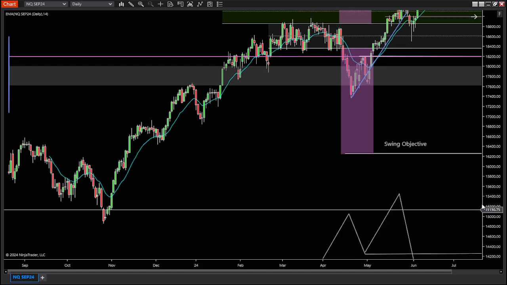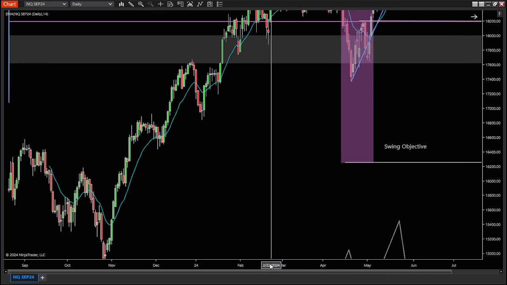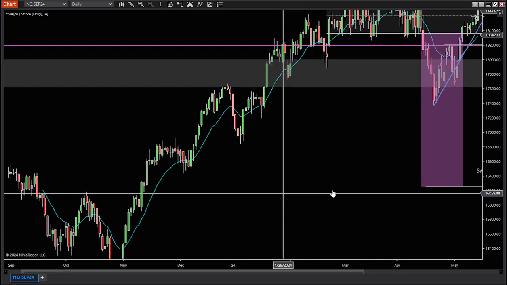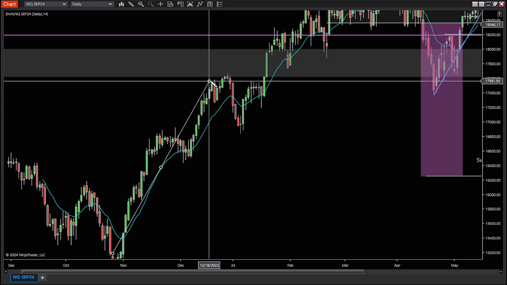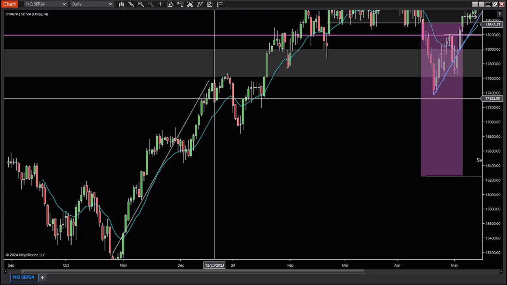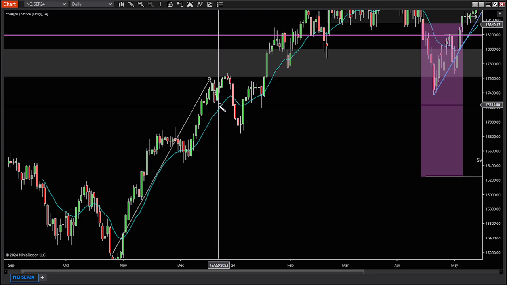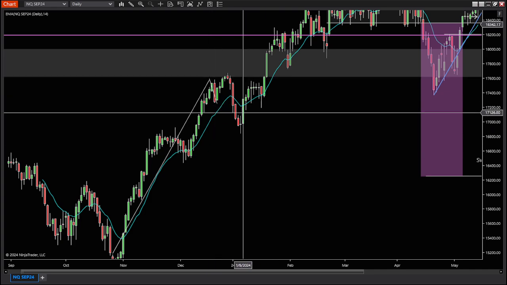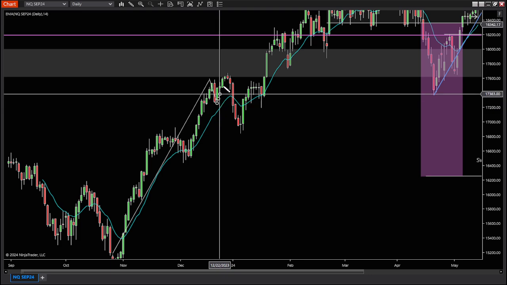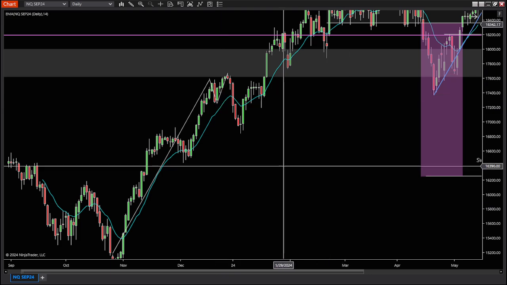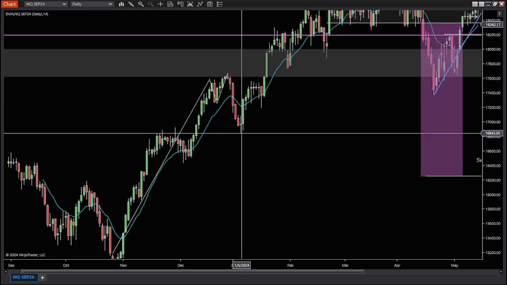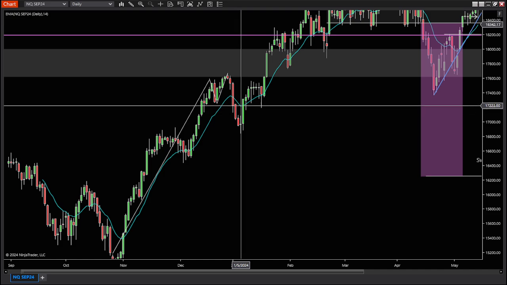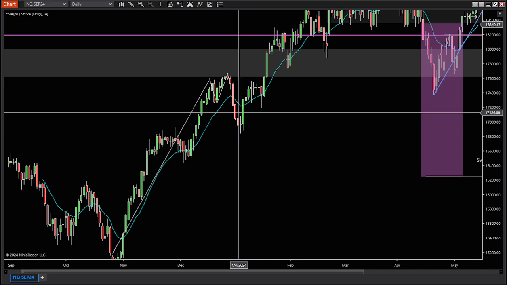Now this is a good trap right here on the daily because you have your strong move up. You have that shallow pullback to right here. Then you have your higher high. Look at us separate from the EMA down here. When we got all the way down here, we're pretty separated from the EMA.